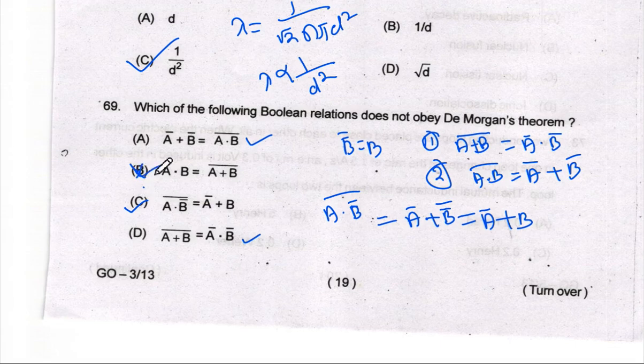So 69 answer is option B. Clear? These three are obeying the Boolean algebra, and this is not obeying, so this is our answer.